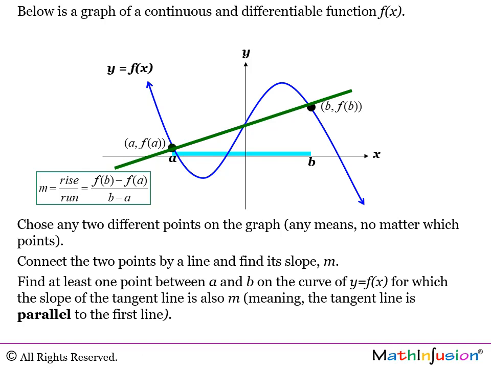Let's see. For example, we can take this one. If this is c, and it's also true here, and if this is d, then if you look, the slope of the tangent line at x equals c and at x equals d in this case is m, because the tangent lines at x equals c and d are parallel to the line between (a, f(a)) and (b, f(b)).